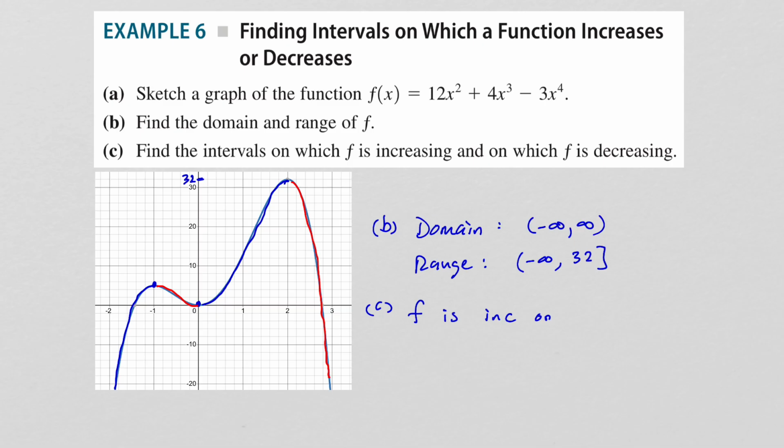So it is increasing on all values of x less than or equal to -1, or actually we'll just say less than -1. So minus infinity up to -1. Union, it's also increasing from x equals 0 all the way over to x equals 2.